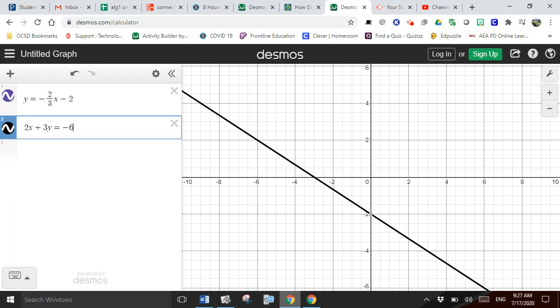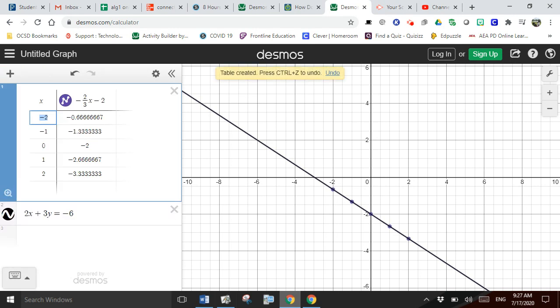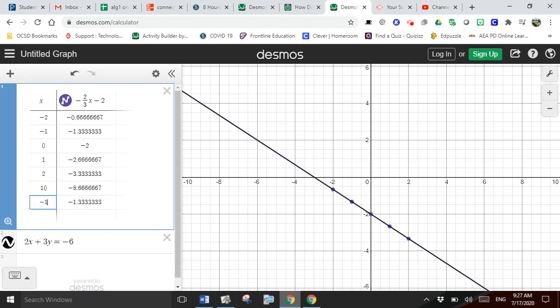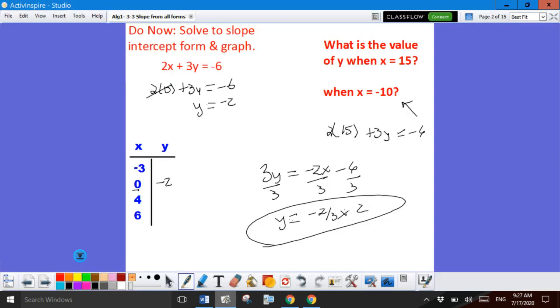Now, if we want tables, remember how we get tables. We're going to go up to our gear and then click on the table, and there are my values. So if I need 10 and I need, I think, -15 were the numbers that I needed. Oh, +15 and -10.